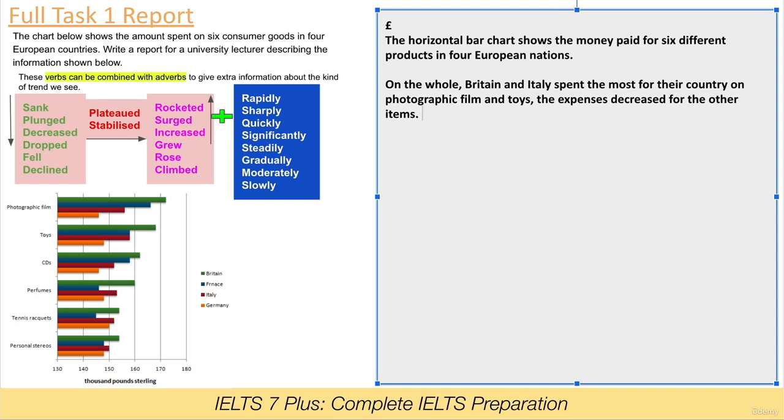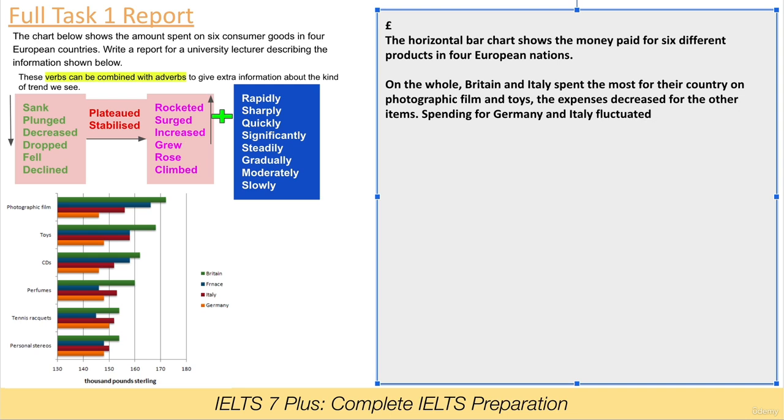Okay, let's briefly touch upon Germany and Italy, and we can simply say spending for Germany and Italy fluctuated. That's a good word, which means there's no pattern here.